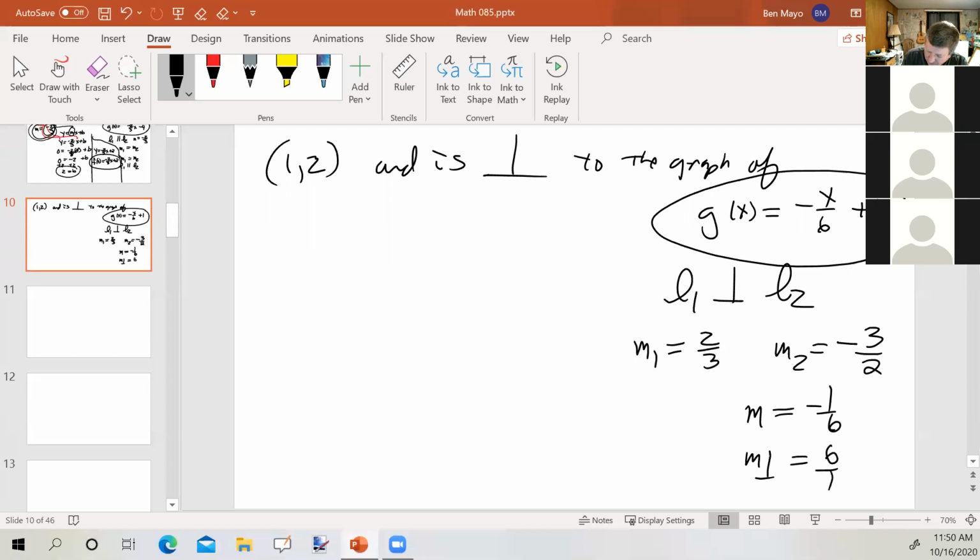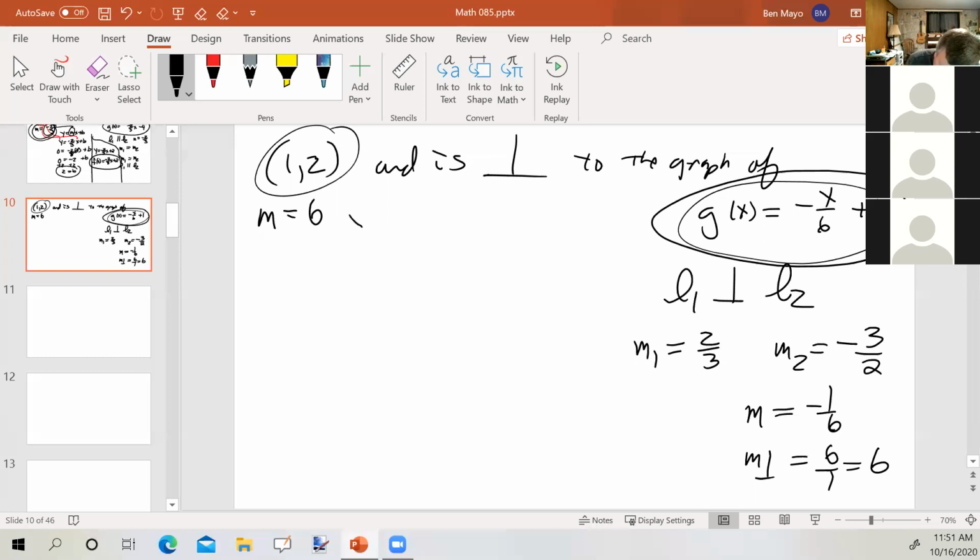Positive 6/1 or just 6. So now we're going to use the slope that's the negative reciprocal of the original, along with a point on the new line. Is everybody okay where we came up with a slope equals 6? Or actually, you came up with that.